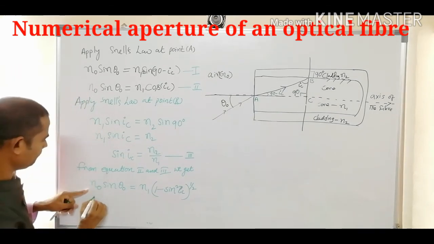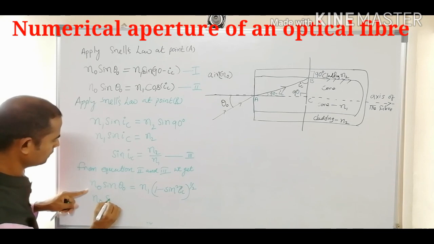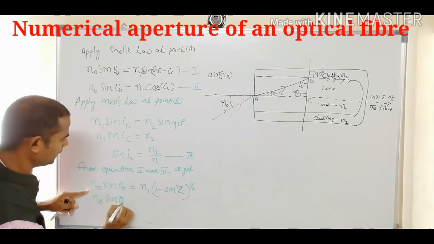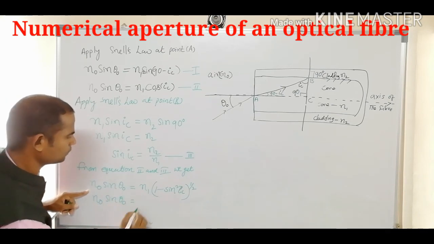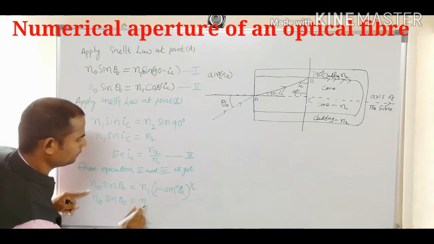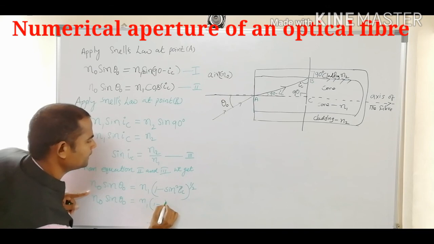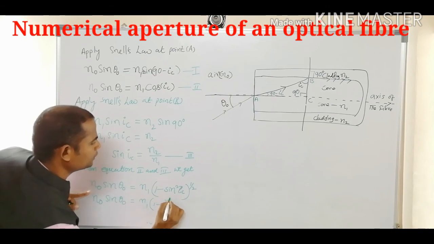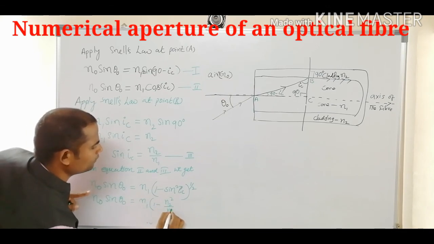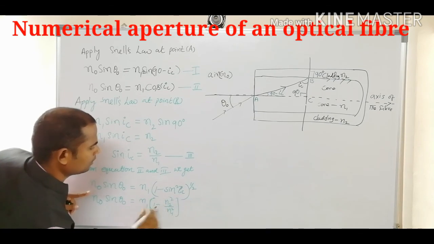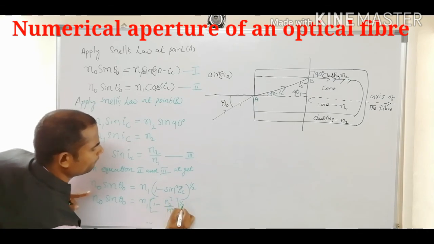So this will become n naught sine theta naught is equal to n1 times 1 minus n2 square upon n1 square, raised to half.